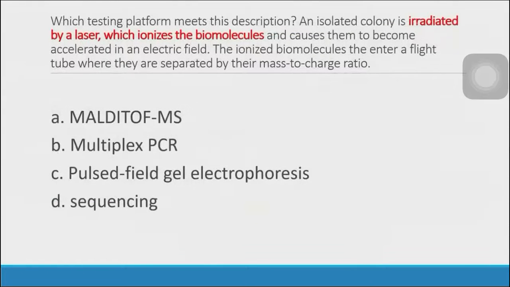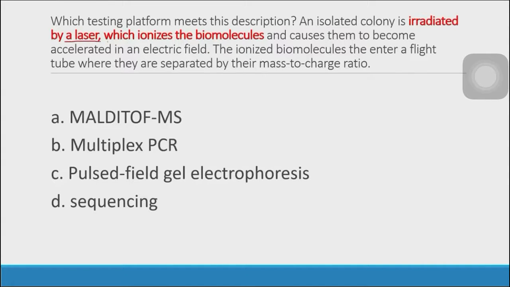Next to this question, which testing platform meets this description? An isolated colony is irradiated by a laser which ionizes the biomolecules and causes them to become accelerated in an electric field. So the ionized biomolecules then enter a flight tube where they are separated by their mass to charge ratio. Okay, so ang keyword natin here is yung naka-red.